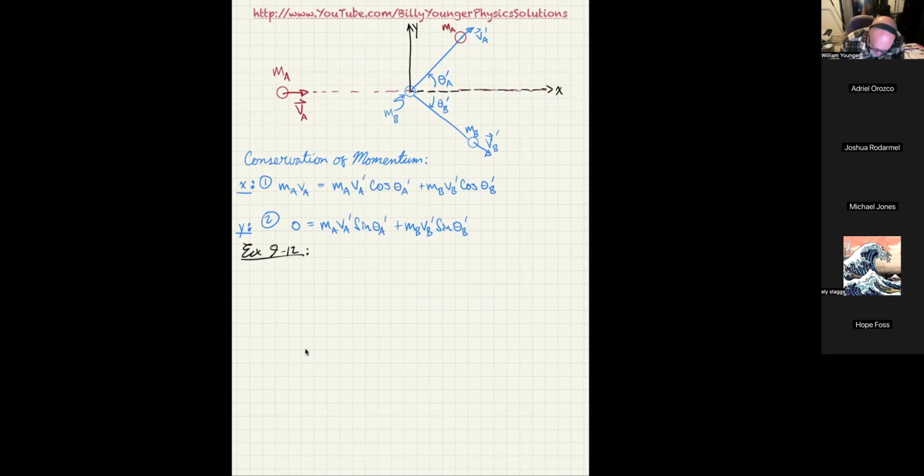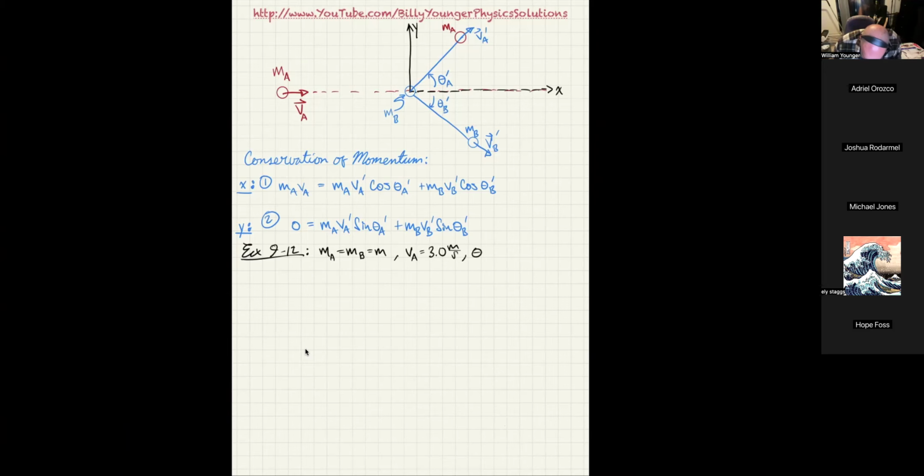So now I'm going to write down the information we're given. What we know is MA is equal to MB, and because they're equal, I'm just going to call that M. They didn't give us the mass, but as you might suspect from looking at these equations, if all the masses were equal, we could divide equation 1 by m and all the masses would disappear. Similarly, you could divide equation 2 by m and all the masses would disappear. What we are given as well is VA is equal to 3.0 meters per second.